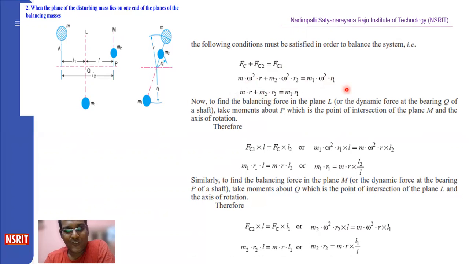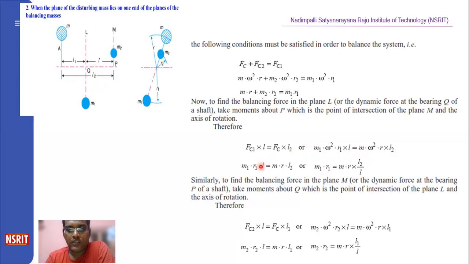Similar to the earlier case, let us take moments about P. For mass M1, the distance is L, so Fc1 into L; for mass M, Fc into total distance L2 from P. From this, Fc1 means M1 R1 omega square into L, and Fc means m r omega square into L2.